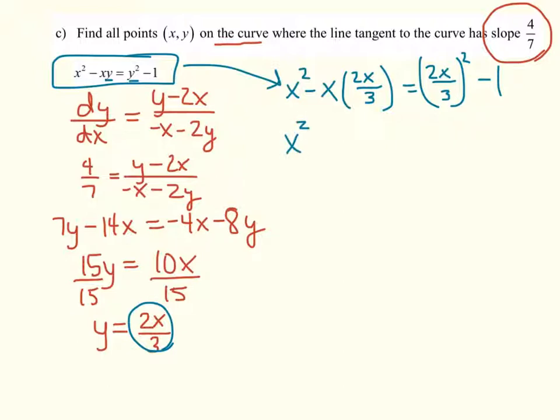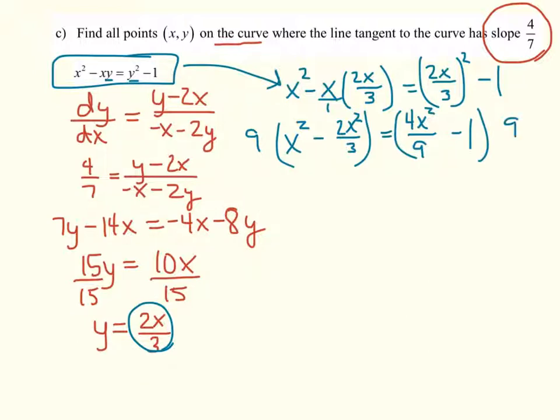So I'm going to multiply this out. x squared minus 2x squared over 3, because of course that x is over 1, is equal to, when I square a fraction, I square the top, 4x squared, and I square the bottom, minus 1. Here we have fractions inside of an equation. I want to make this all one line, so I'm going to multiply both sides by my common denominator, which would be 9.